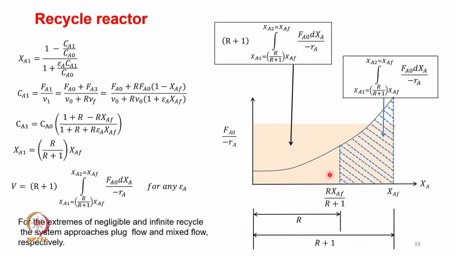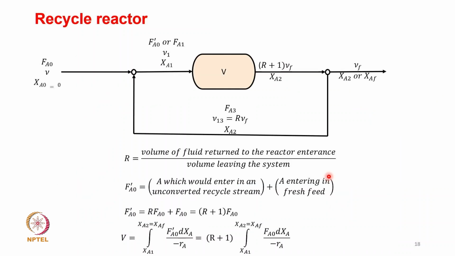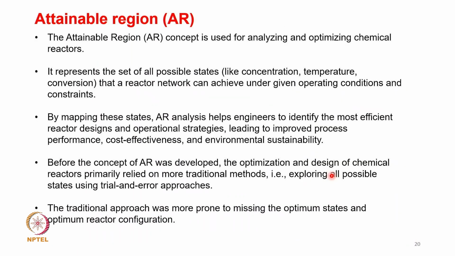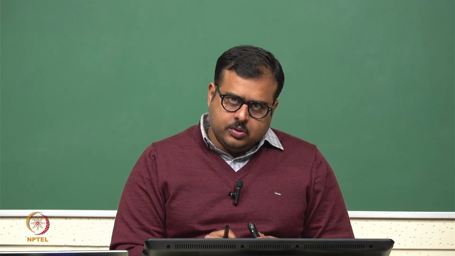Till this time, in all our analysis we are looking from the reactor side, but when we are in the field, when we are interested in designing a reaction network system for a particular set of reactions, we will have to shift our focus towards the reaction first, and based on the reaction, select the most suitable combination of reactors, be it PFR, be it CSTR, or a combination of those.